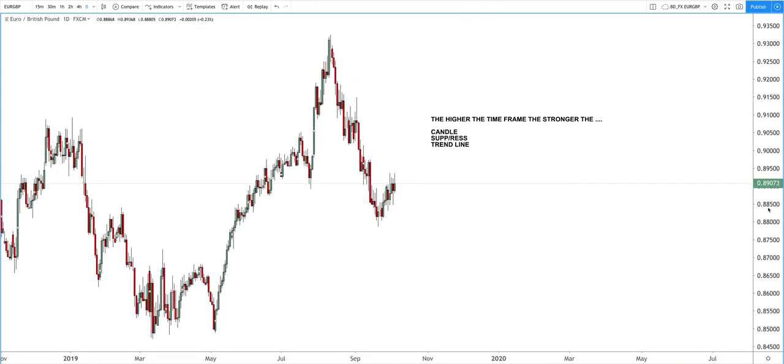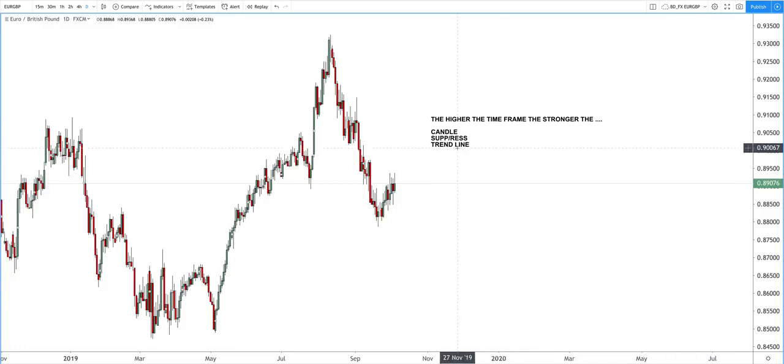If we're looking at price bouncing off support, which is a trend line support, if the trend line support is a 1 hour trend line, the probability is low. If it's a 4 hour, probability is a bit higher. Daily is even higher. Weekly is even higher, because the higher the time frame, the stronger these are. Same with candles, same with support and resistance.